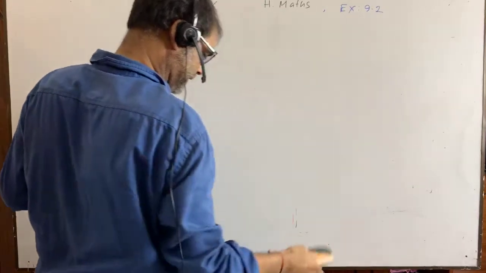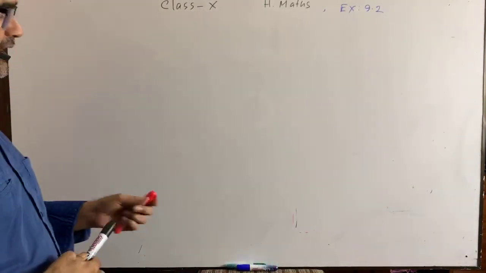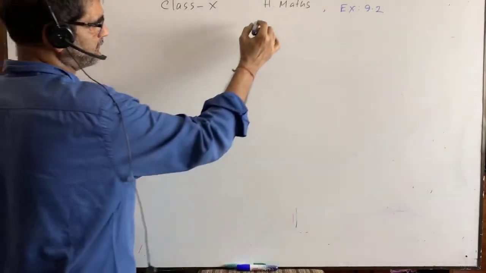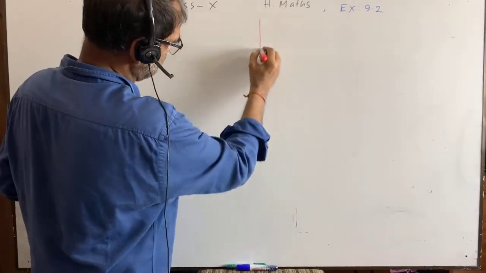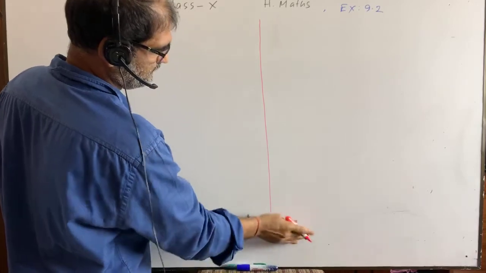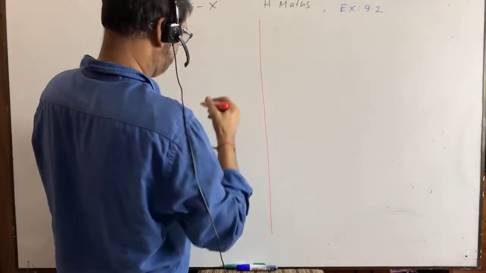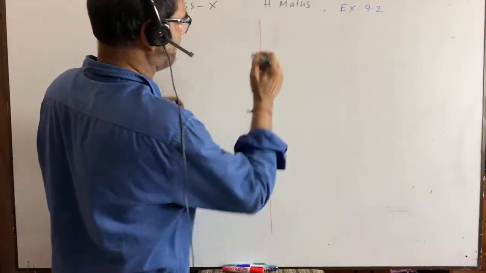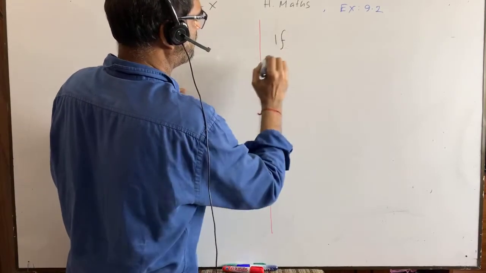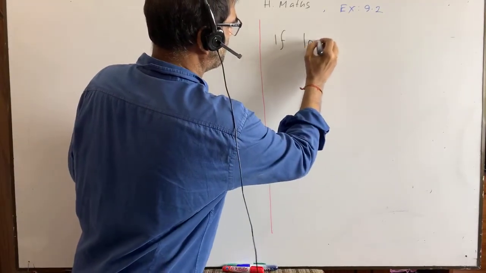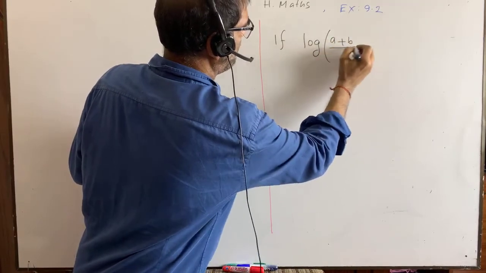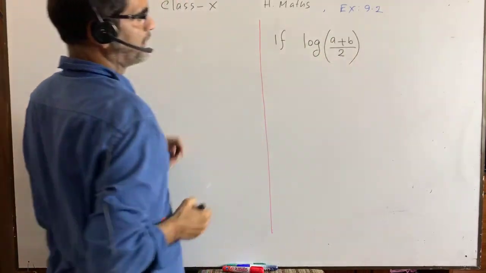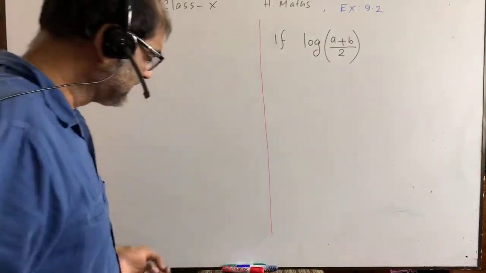Now another math which was also given in the board exam, you see, another math I am giving you. Write down: if log of a plus b by 2 is equal to half of log a plus log b. Okay, it is a simple math that all of you can do.